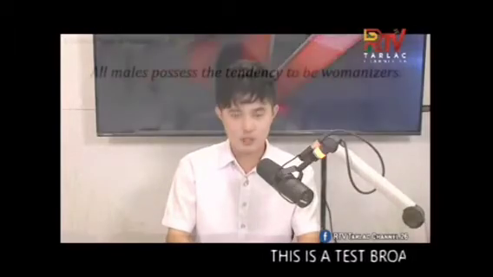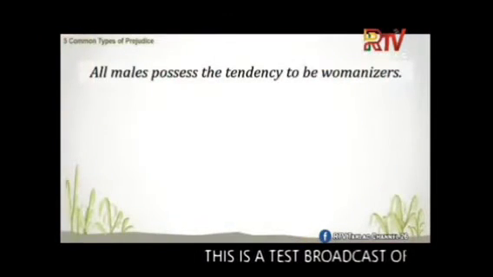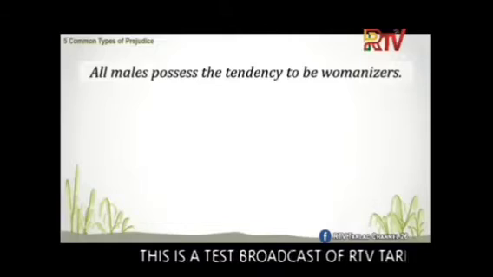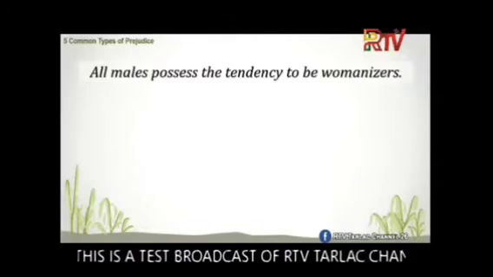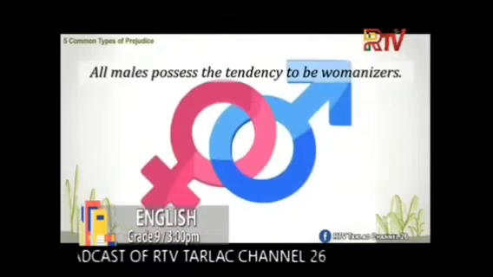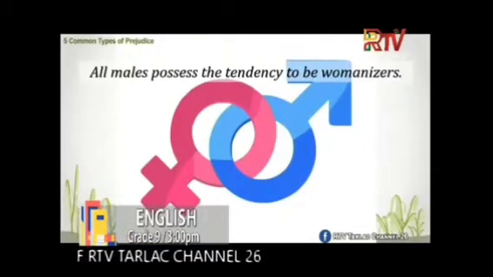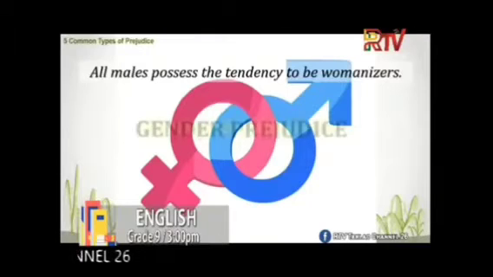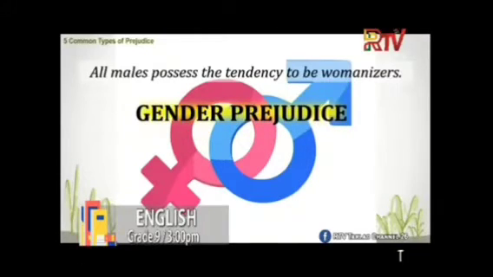Let's take a look at the first example. All males possess the tendency to be womanizers. This sentence clearly shows prejudice. But do you notice to whom this sentence shows prejudice? That's right, it shows a prejudice against males or boys or men.